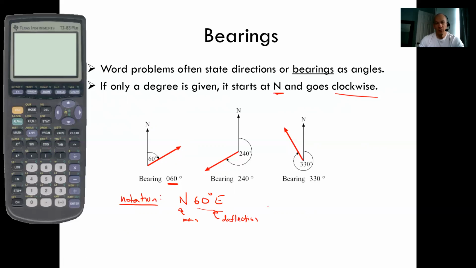What's pretty common in physics is that there are two ways of doing this, but I'll tell you both. You could say 60 degrees and then say east of north, and I personally like this notation better because it's a little more clear what's going on. So you're saying 60 degrees east of north: you were going north and now you're deflecting 60 degrees east of that.